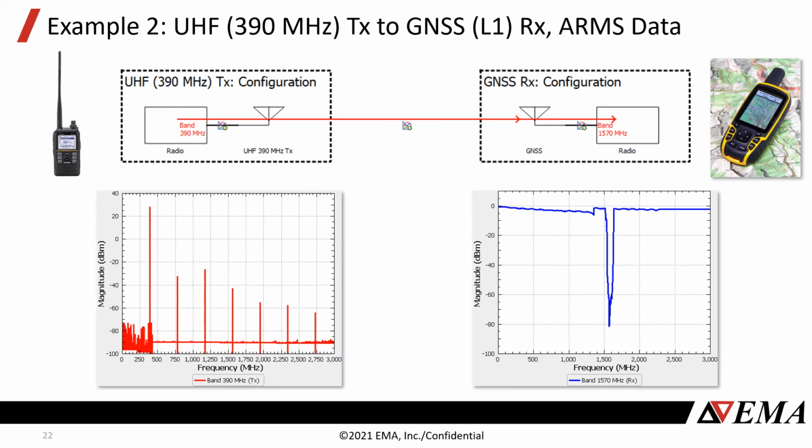Okay, so moving on to example 2. In this case, we have a UHF transmitter that's operating at 390 megahertz and a GNSS receiver that's operating at L1. And what we're going to show in this example is the importance, again, of measured data, especially in this case for the receiver's performance.